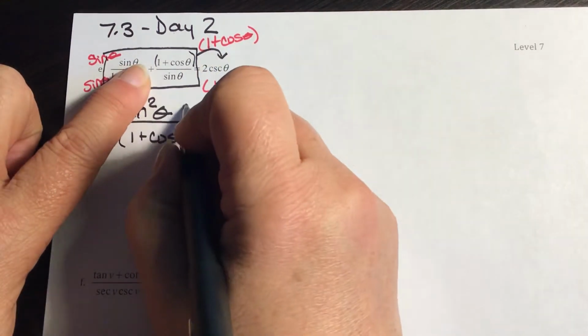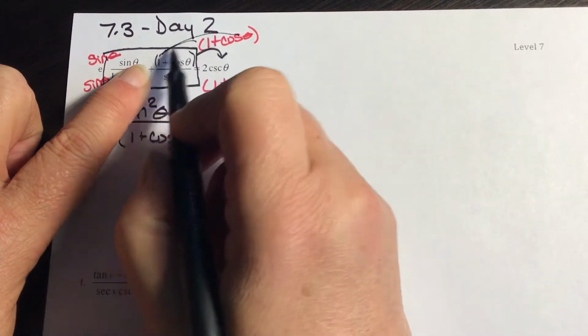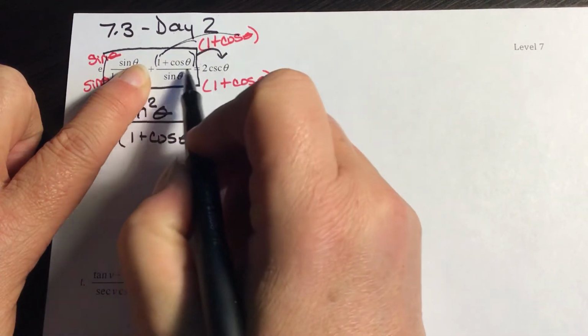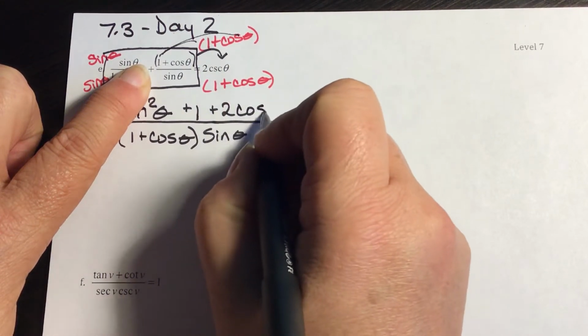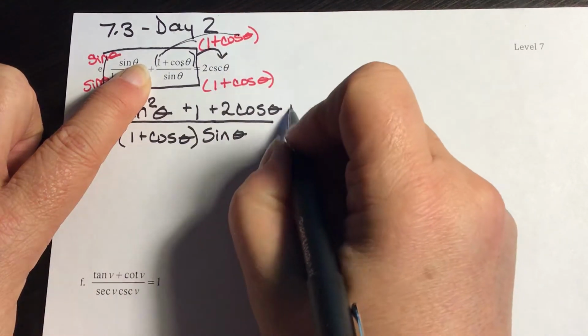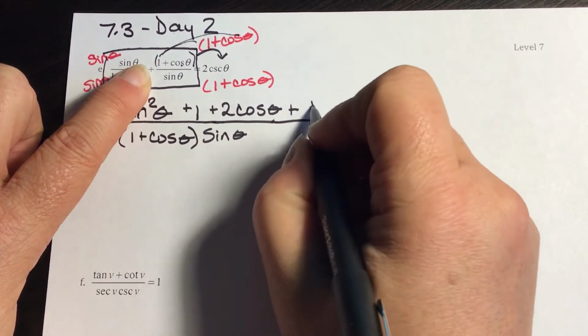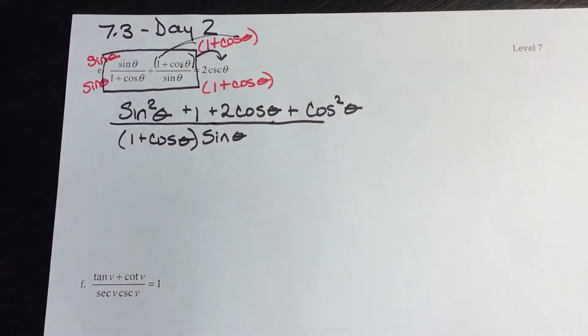So that's going to give me 1, and I'm doing FOIL here, plus cosine theta plus another cosine theta, so there's 2 cosine thetas here. And then cosine times cosine is plus cosine squared of theta.